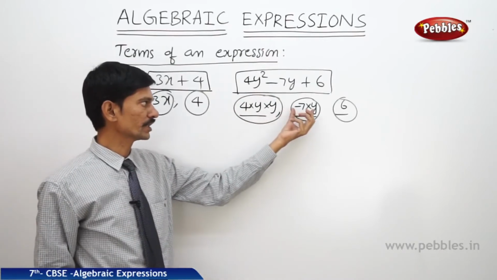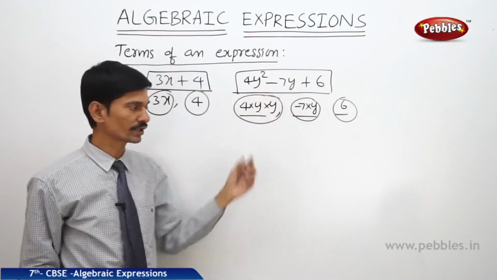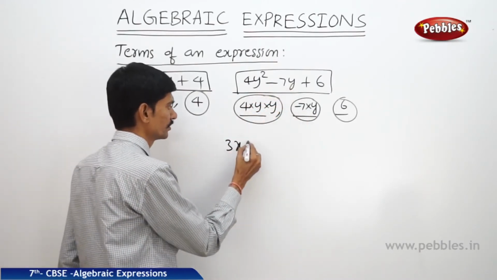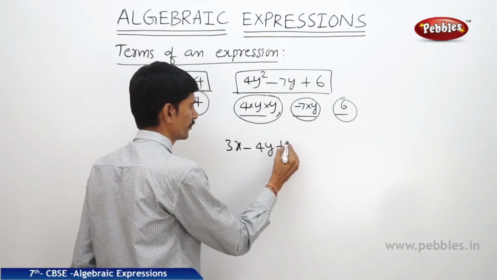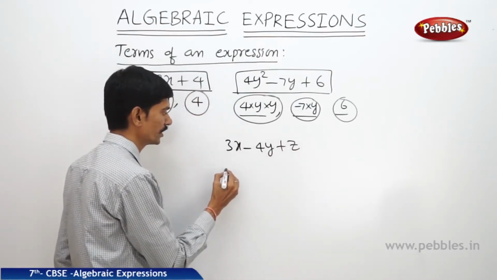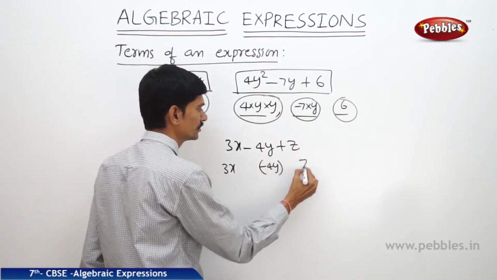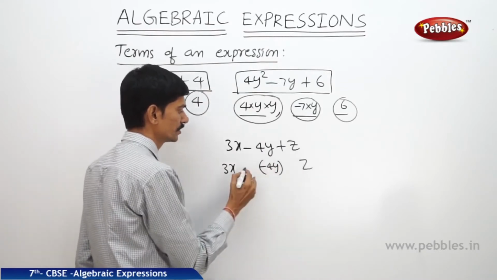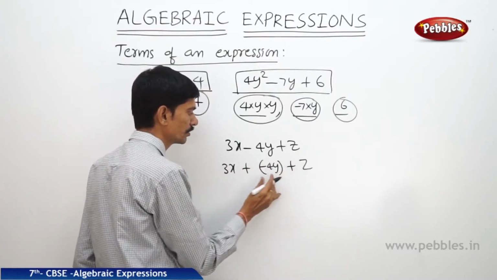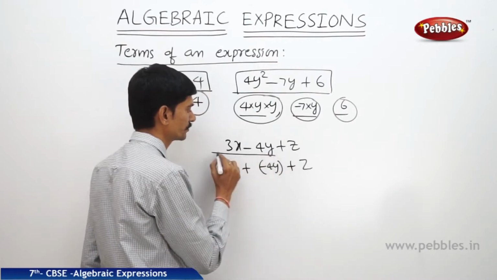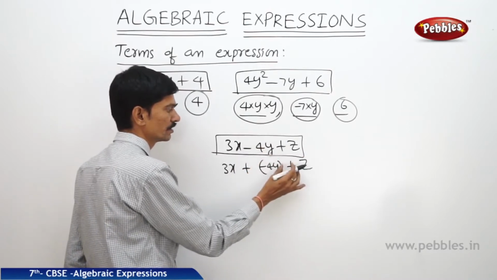For example, take 3x, minus 4y and z. If we add these three terms together, we will get the algebraic expression 3x minus 4y plus z, because plus into minus 4y, then the third term is z.